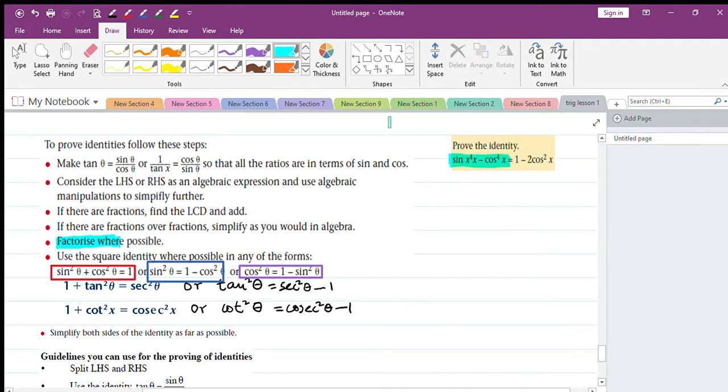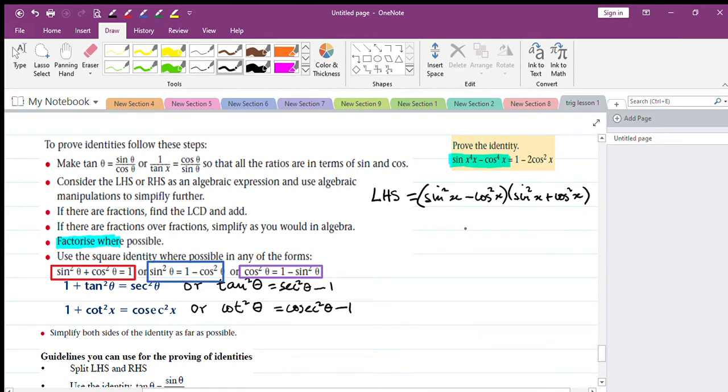In the first place, I will write down that I'm choosing the left hand side. So I'll write left hand side is equal to, and then what do I do now? I need to factorize this. The factors of the left hand side are sine squared x minus cos squared x, multiplied by sine squared x plus cos squared x.